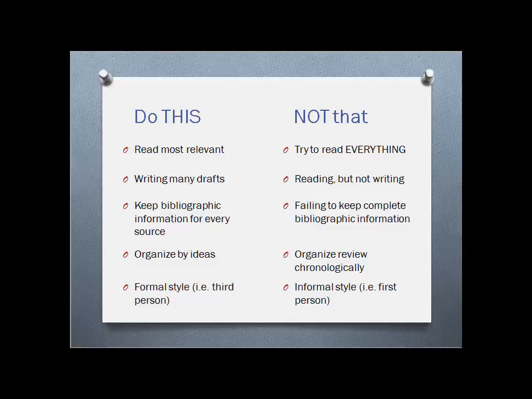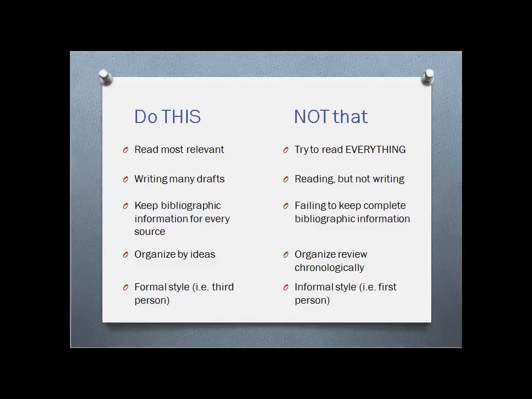Do write many drafts, and do keep bibliographic information for every source. So write down where you got it from. Organize your literature review by ideas, not by the papers.